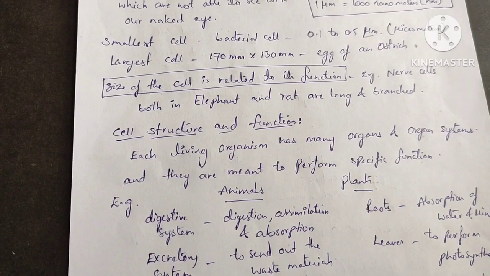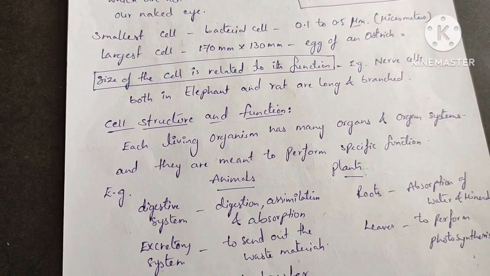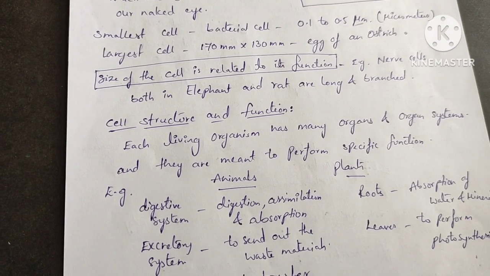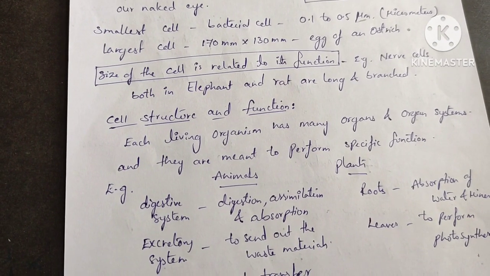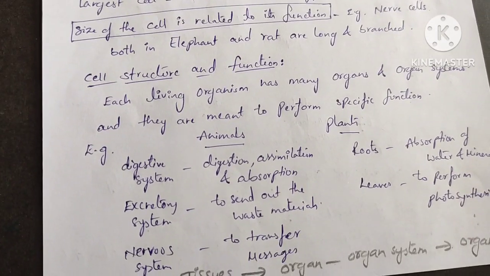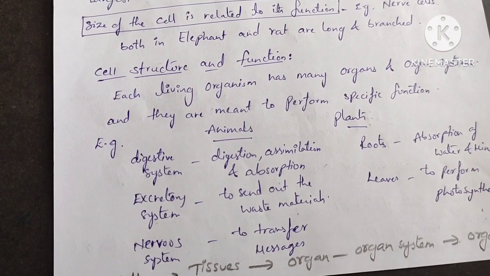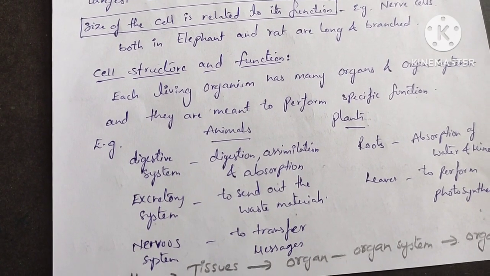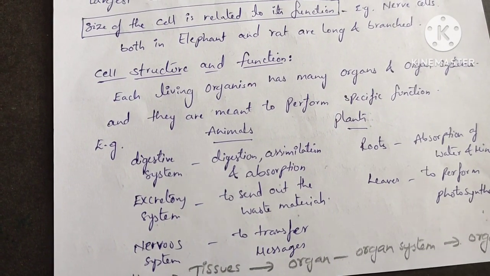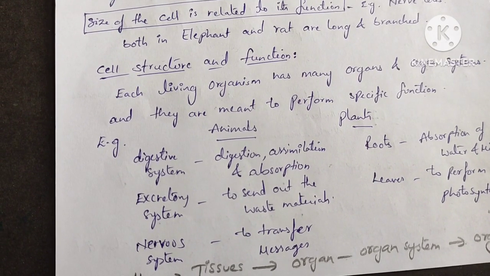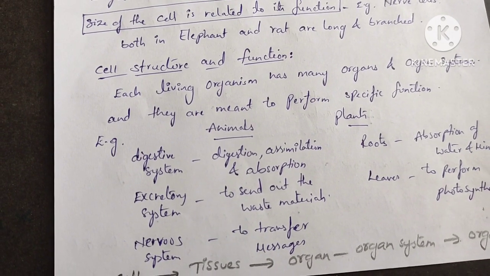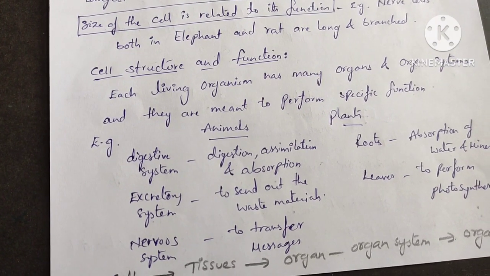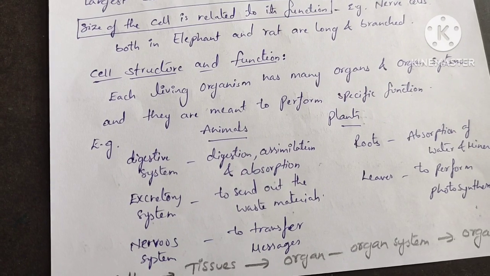Cell structure and functions. Every living organism has many organs and organ systems to perform specific functions. For example, in animals we have the digestive system, excretory system, nervous system, reproductive system, respiratory system, and many more. The digestive system is meant for digestion of food material, the excretory system sends out waste materials from our body, and the nervous system transfers messages from the brain to organs and vice versa.